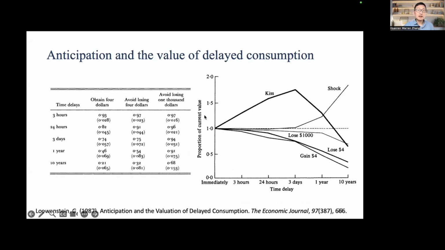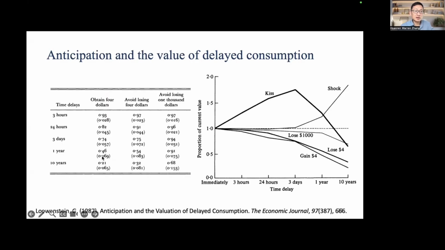So here is an illustration. First, let's look at the consumption of monetary rewards, right? We have different outcomes: obtaining $4, avoiding losing $4, and avoiding losing $1,000. So here we see the corresponding discounting across time.